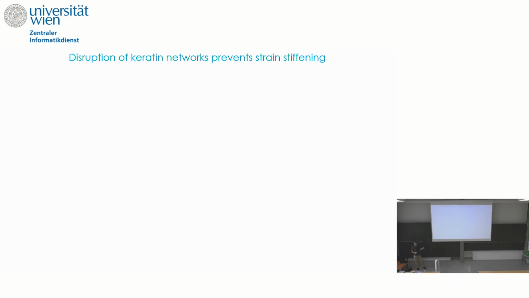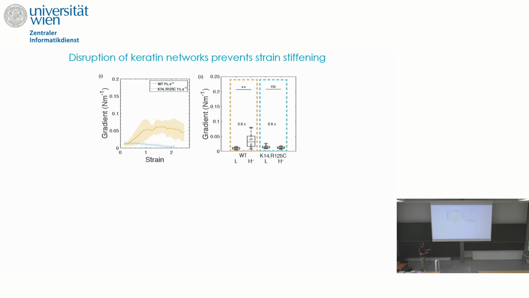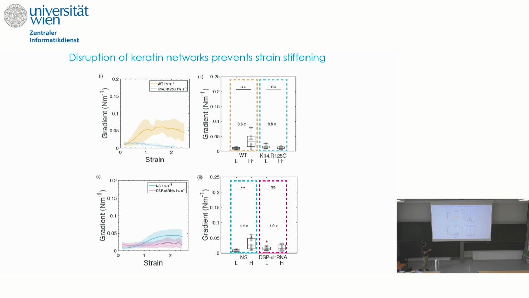So I started all of this discussion by asking about strain stiffening. So we can look at that and compare what happens in tissues that overexpress this mutant versus wild-type tissues. So you can see again here the tangent modulus, and you can see that you no longer have any stiffening in the keratin 14 mutants compared to what happens in the wild-type tissue.